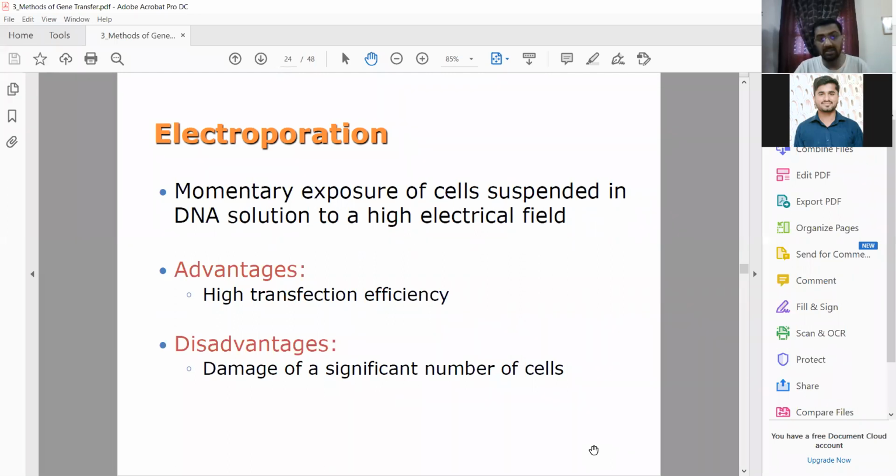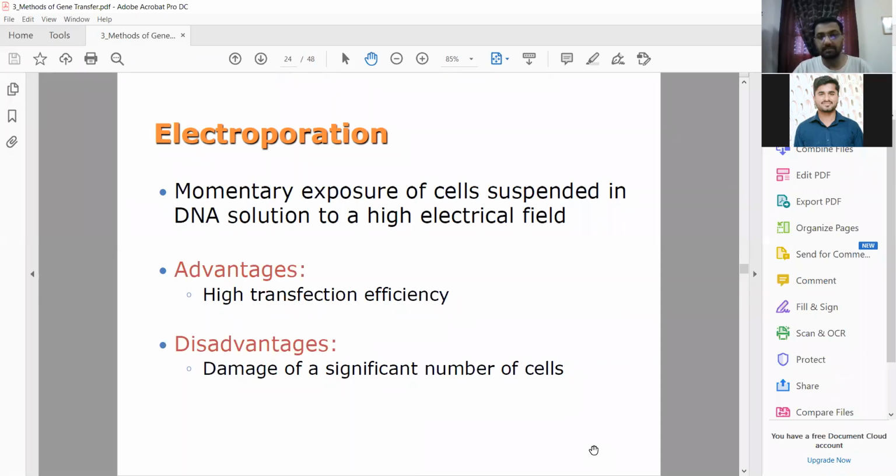Normally what we do is we have a cuvette, like, all of you have seen the cuvette of our normal DNA measuring spectrophotometer. Similarly, there is a type of cuvette in which there are two aluminum electrodes, and the space between the two electrodes is a few millimeters.